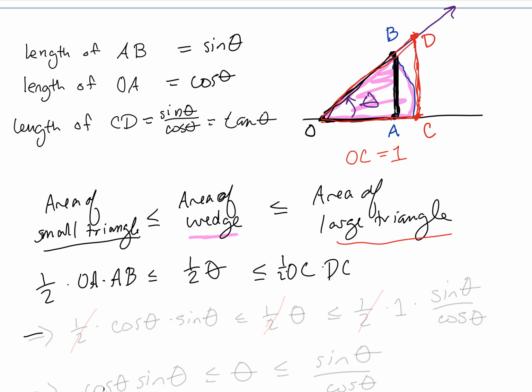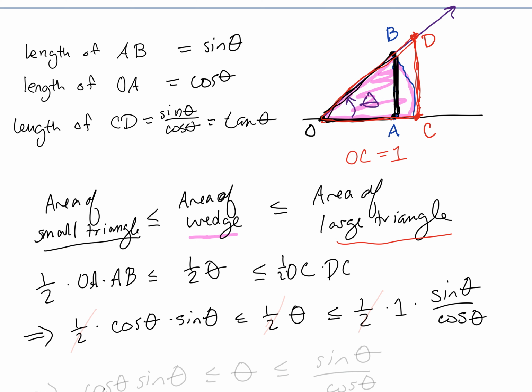So we found some of these values. This tells us that 1/2 times OA, which was cosine of theta, times AB, which was sine of theta, is less than or equal to 1/2 theta, which is less than or equal to 1/2 times OC, which is 1, times DC. DC is sine theta over cosine theta, or tangent theta. I'm just going to leave it as sine theta over cosine theta.